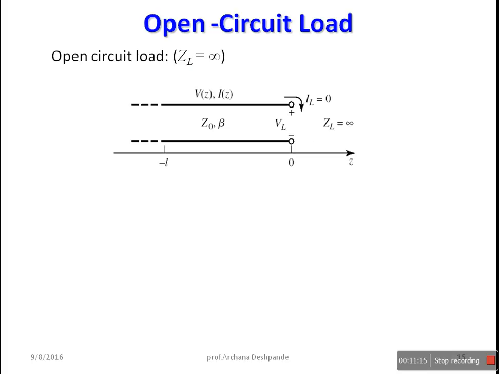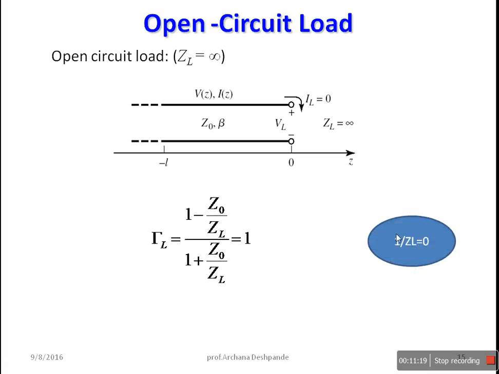In this standard case, if I substitute 1 upon ZL as 0 in the formula for tau, then I get tau L as 1. Therefore for an open-circuited load, tau is 1, and I am going to get the current as 0 here. So I get a minimum for current, and maximum voltage appears across the load.